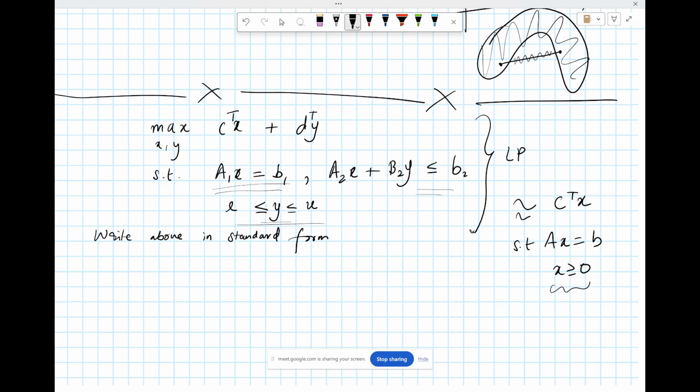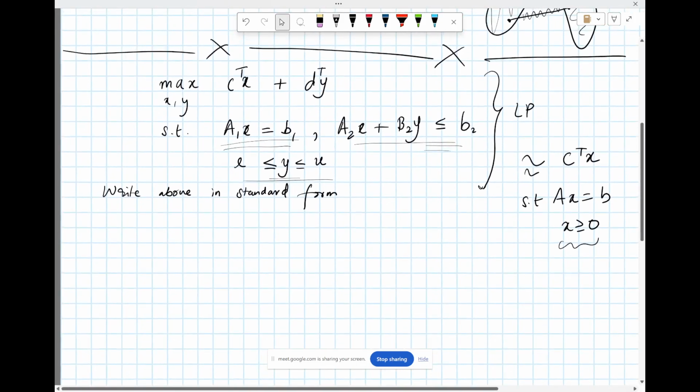So we need to get rid of those. The first easy thing we can do is convert the inequality to an equality, and to do that we add a slack variable.